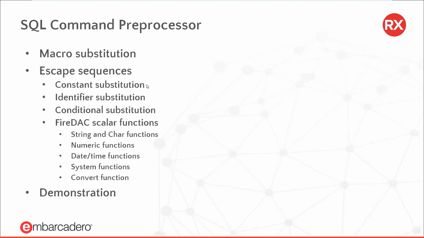that literal value. Conditional substitution allows me to have essentially if then else, or immediate ifs, or if this or that or another thing. And what that does is it basically allows you to say, here is a value, and I want to represent it this way for Interbase.